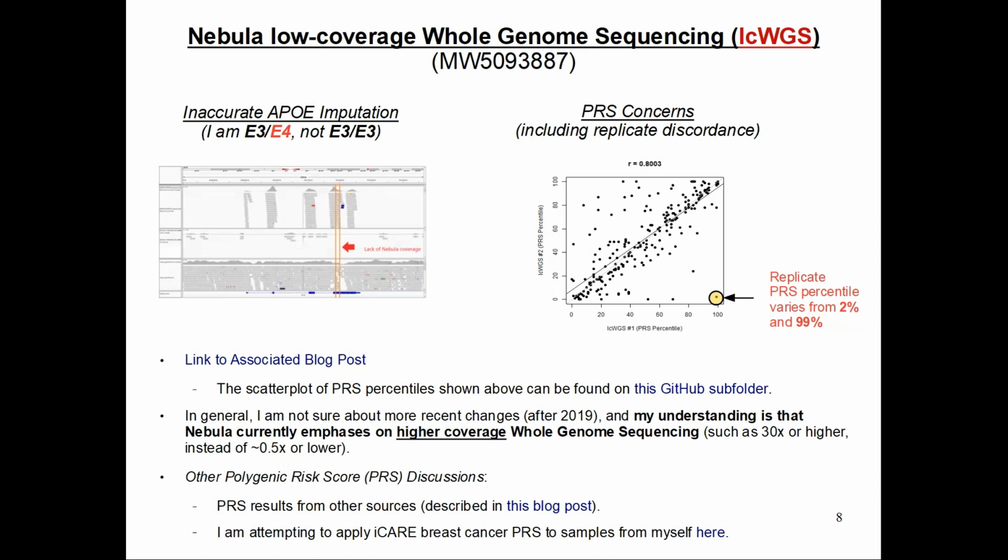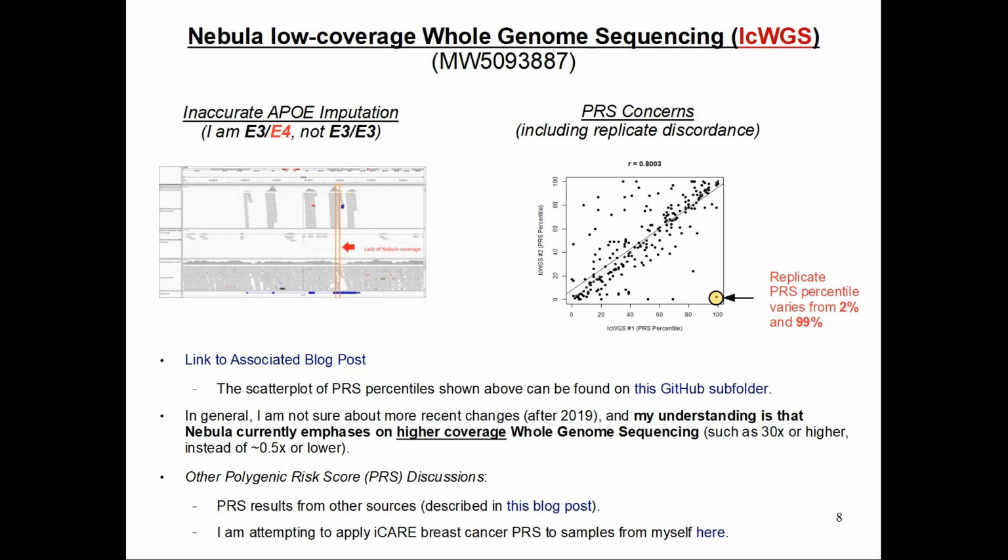So if that was important to you, there's some chance there could be a very different result if you just had another replicate, or in my opinion, if you just had higher coverage sequencing. That would hopefully resolve the issue, at least in terms of being more confident about the variant calls. And again, I haven't checked in great detail for all these companies.